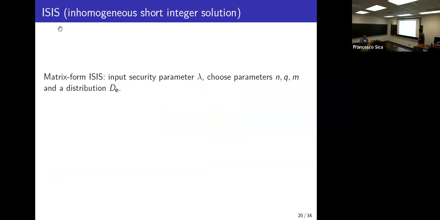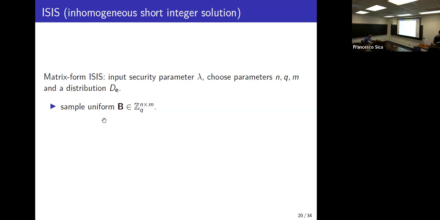Another problem that we need in order to introduce the crypto system, because so far I haven't introduced anything about how to use this to construct crypto, is another sibling problem, which is the matrix form of the ISIS, short for the inhomogeneous short integer solution problem. Again, I have several parameters and a distribution D_E, and you can think of it as the same as the E in the LWE.